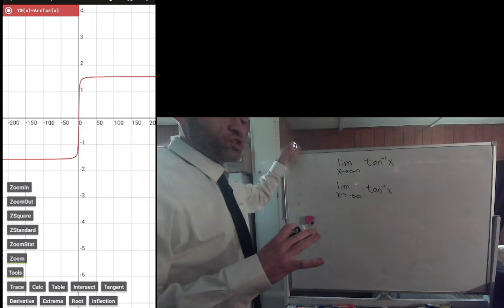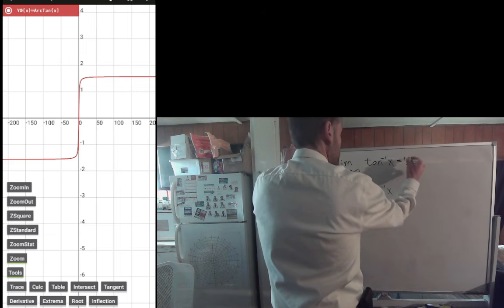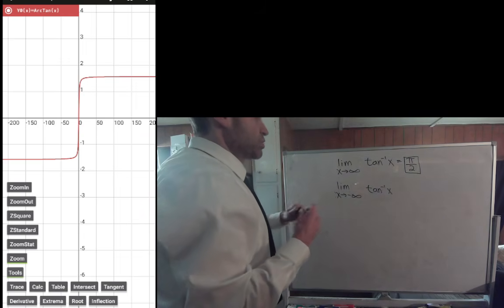So as I put in higher and higher values of x, as x approaches infinity of the inverse tangent function of x, we're going to reach pi over 2. I would actually end up getting a limit of pi over 2 for x approaches infinity.